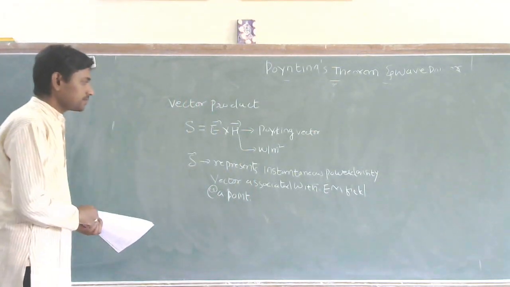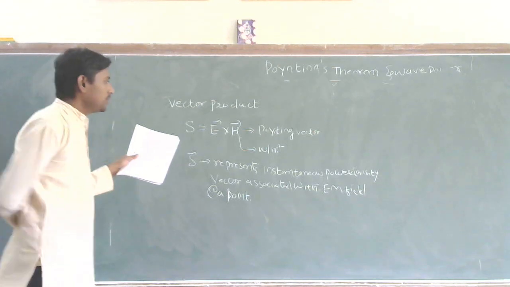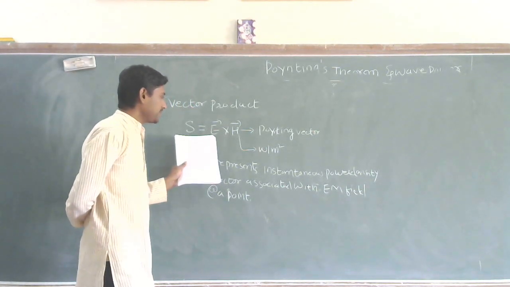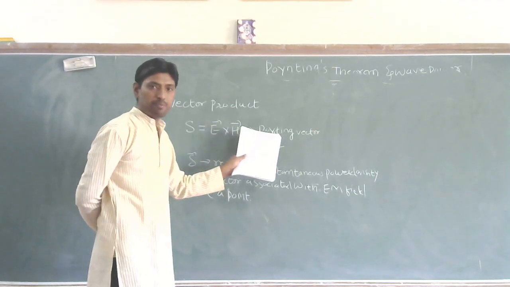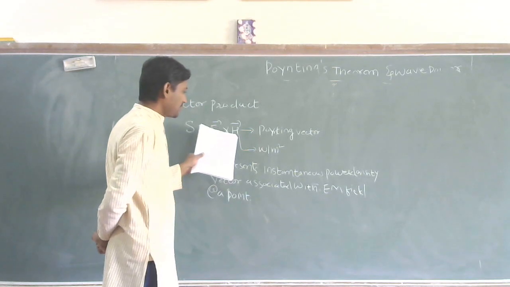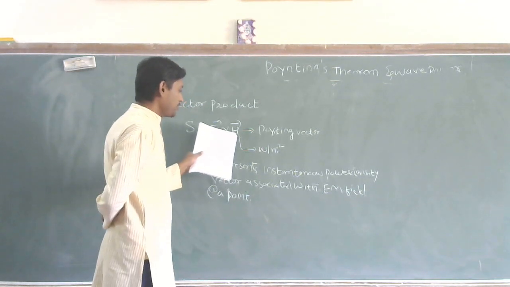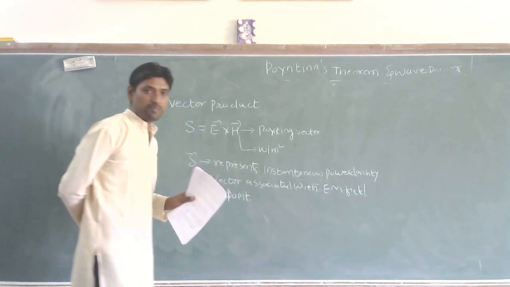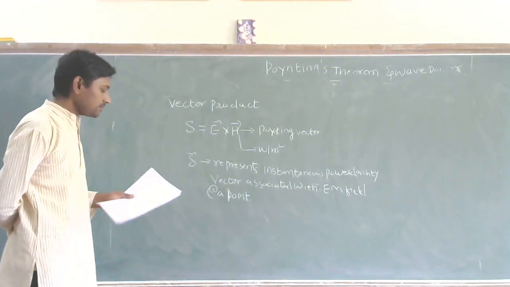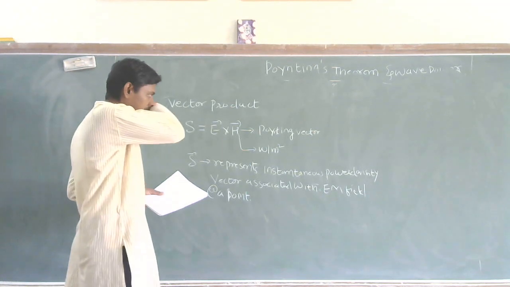So S, which is given by a vector cross product E cross H, is given the name Poynting vector, and it has a unit of watt per meter square. It is power density.